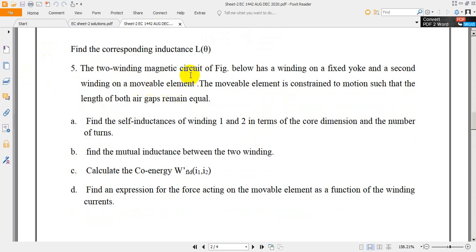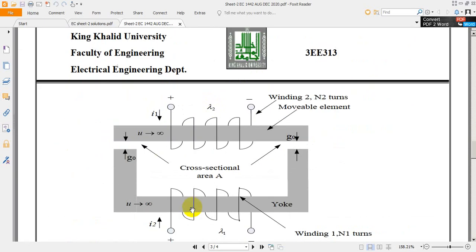We have a 2 winding magnetic circuit, shown in the figure below, with a fixed yoke and a second winding on a movable element. The movable element is constrained to a motion such that the length of both air gaps remains equal. It means we have a fixed yoke along with the fixed winding, and this other part is movable. We have a core in this movable part along with a winding.